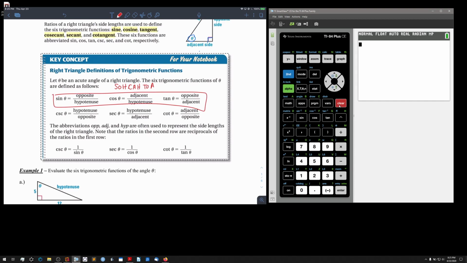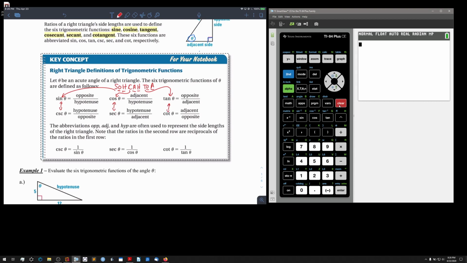All of those trigonometric ratios: sine of theta is opposite over hypotenuse, cosine of theta is adjacent over hypotenuse, and tangent of theta is opposite over adjacent. Once you have those memorized, then the corresponding ones, and it's important to know that these two are corresponding trigonometric ratios, and so are the other two.